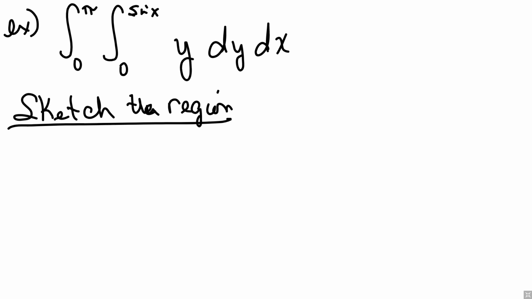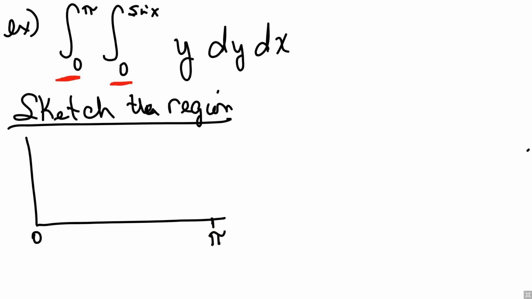If we take a look at sketching the region, this here is dealing with x values, and this here is dealing with y values. So let's deal with the x values first. As far as x is concerned, we're starting at 0 and ending at pi. As far as y is concerned, we're starting at 0 and ending at the sine of x.